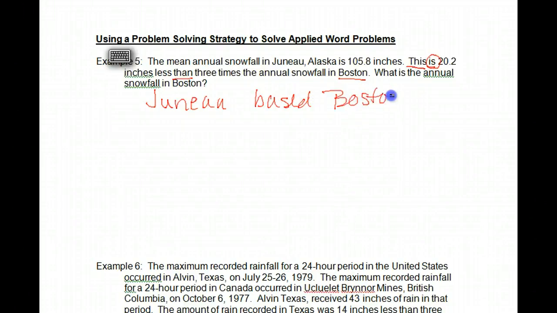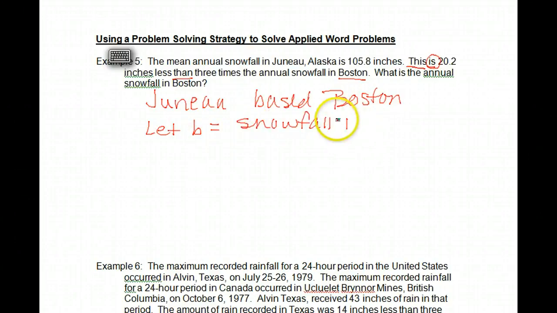Okay, so that tells us that Juneau is based on Boston. So Boston has to be our starting point. So we're going to let B equal the snowfall in Boston.